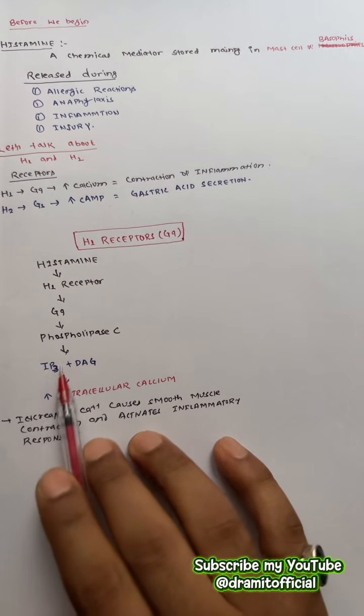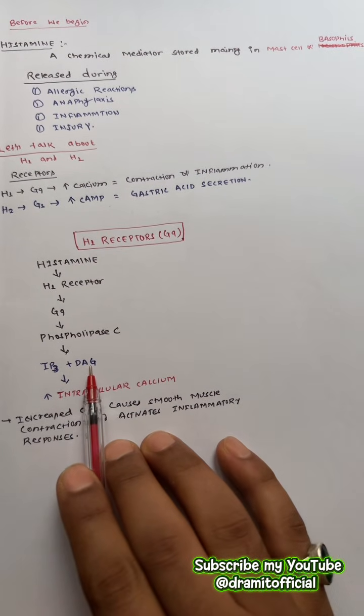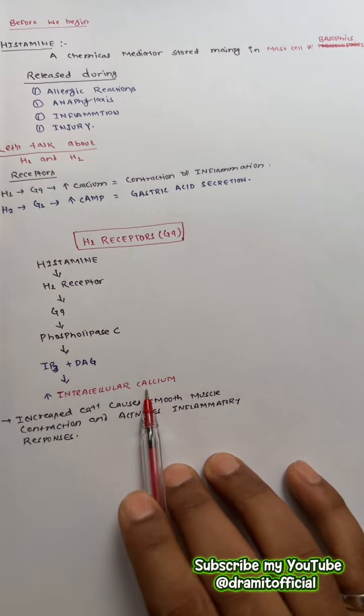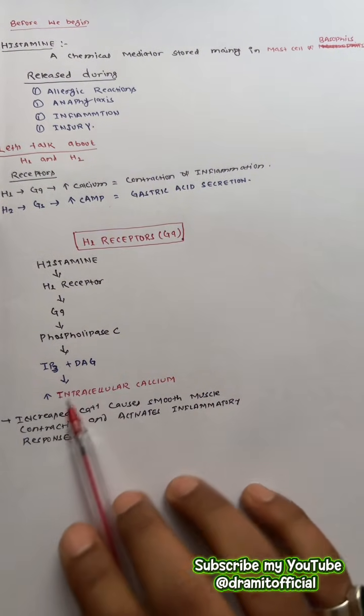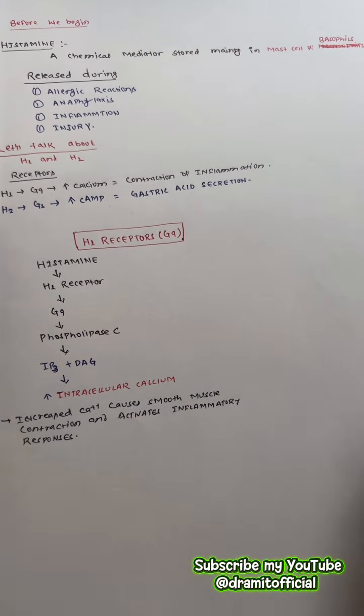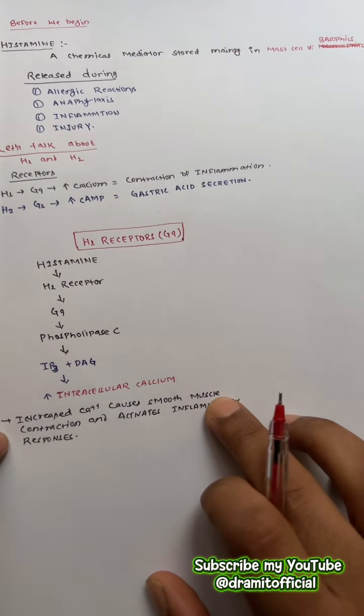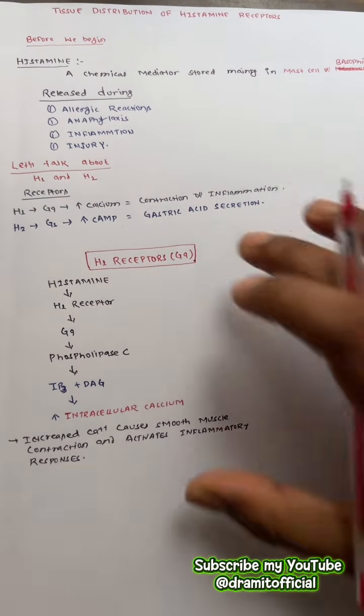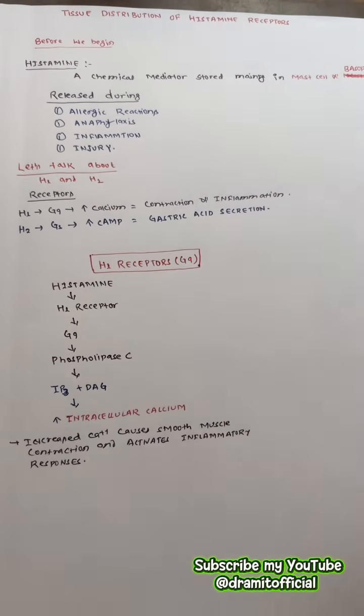Then the secondary messengers like IP3 and DAG come into the pathway, and they increase the intracellular calcium. And when intracellular calcium increases, it helps in contraction of the smooth muscles and activates the inflammatory response in the body. So this is how H1 receptors work.